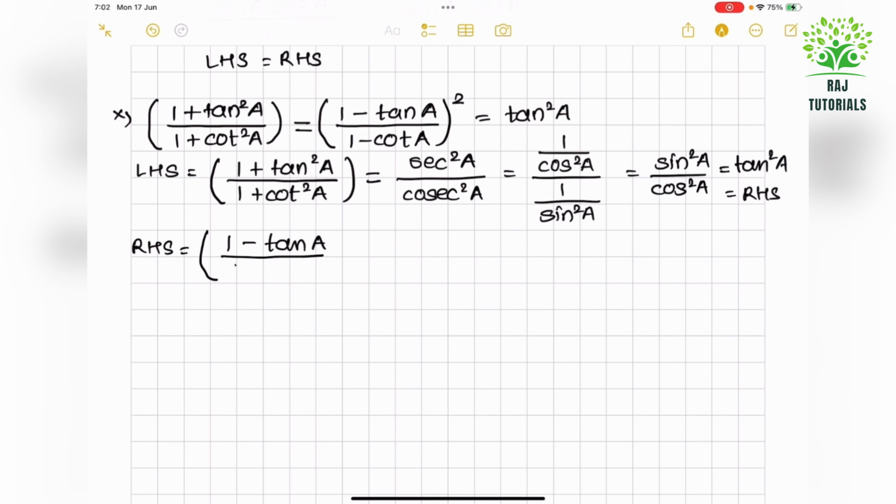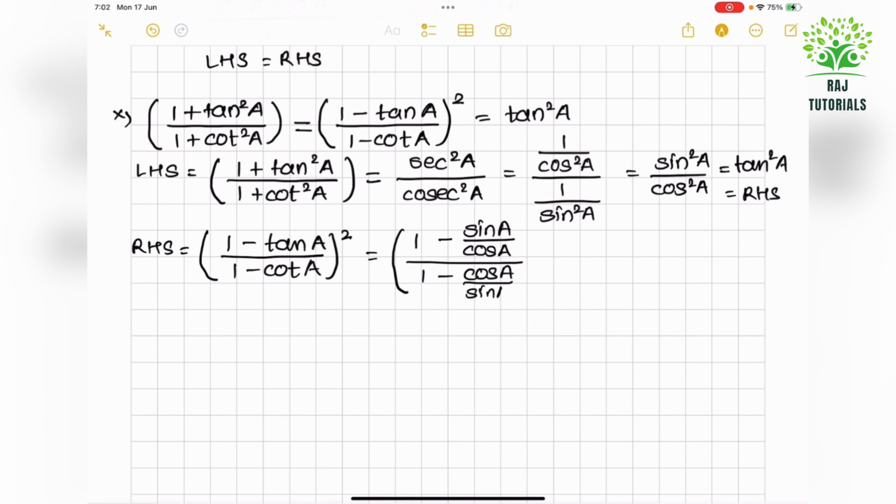Now the second part, it says I want ((1 minus tan A) upon (1 minus cot A)) whole square to be tan square A. So here I can't do anything else except converting it into sine cos.